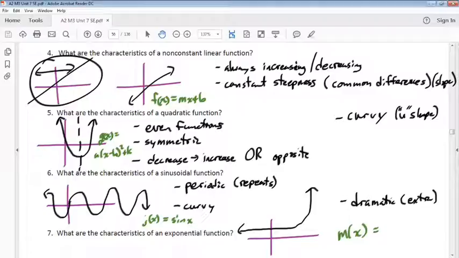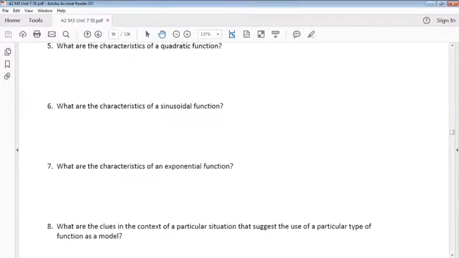If you want to write the exponential function all fancy, you can say a times 2, and then it would be x minus h up in the exponent, and then you'd say plus k at the end. So the h and k is everywhere. Okay, so generally, those are all the functions that you're going to be working with tonight.